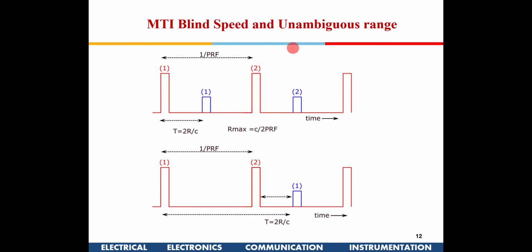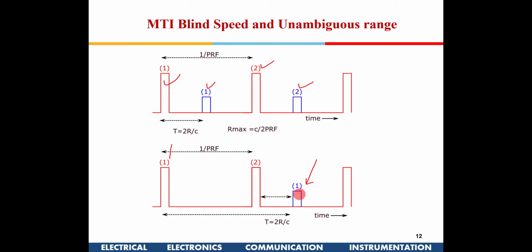But like when we discussed in the very first class, this is the PRF, right? I have transmitted a pulse, I have received a signal, I have transmitted the second pulse, and I have received the second reflection from here, this received pulse. Now if the target is at a very large distance, if I am transmitting a pulse here, it is going to reach here, right?